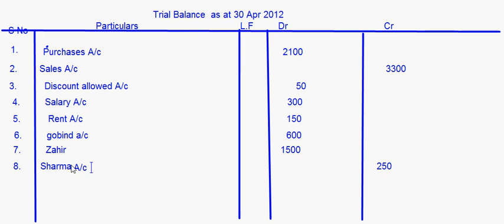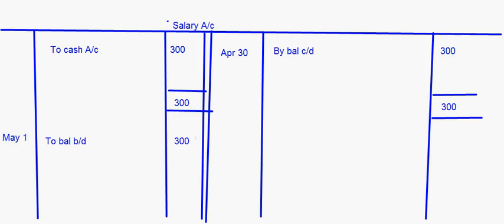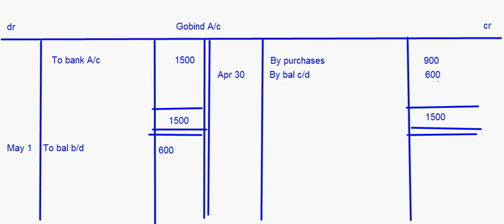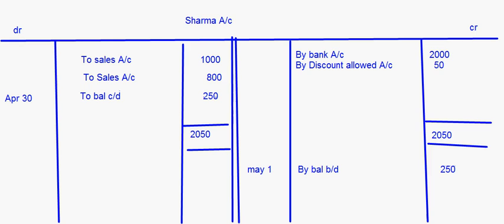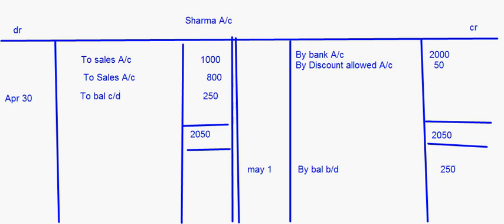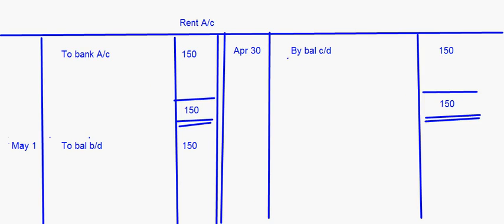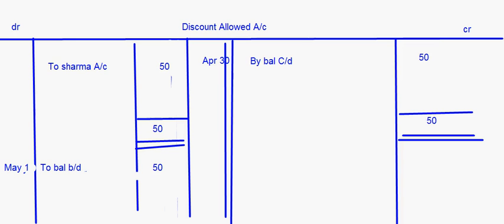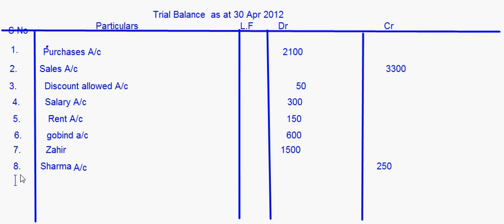Okay, then Sharma account we have done. Ramlal account again has a credit balance of 1200, right? Ramlal account has a credit balance of 1200, right?